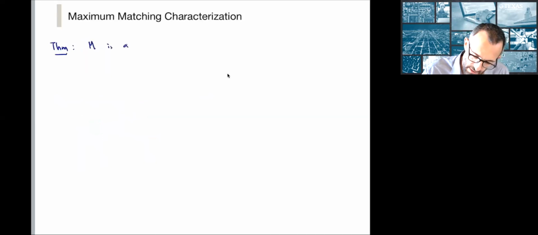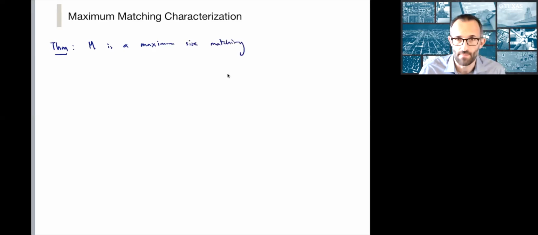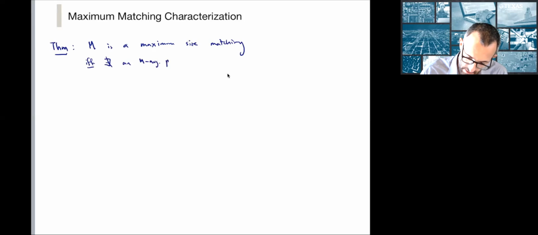M is a maximum or maximum size matching. Sometimes I may get lazy and just write max matching, but I mean maximum size, not maximal. If and only if there does not exist an M-augmenting path.